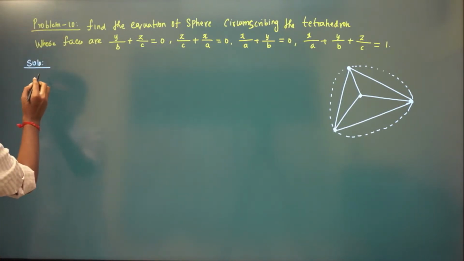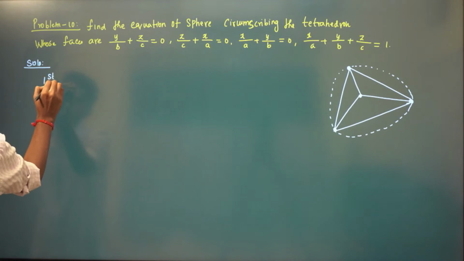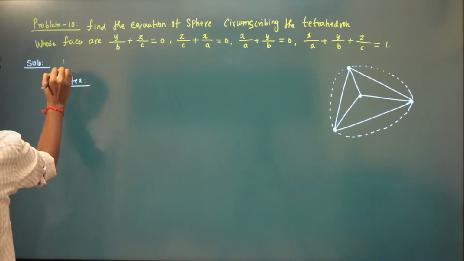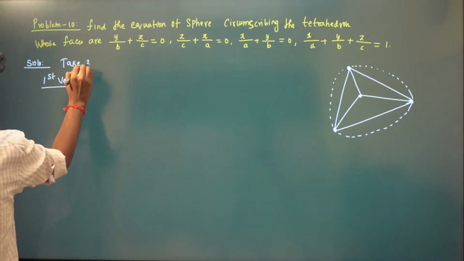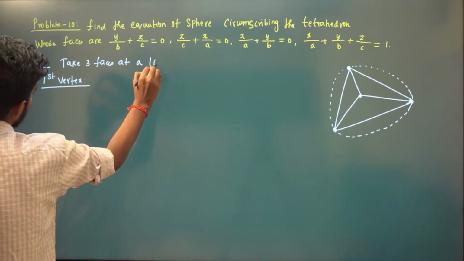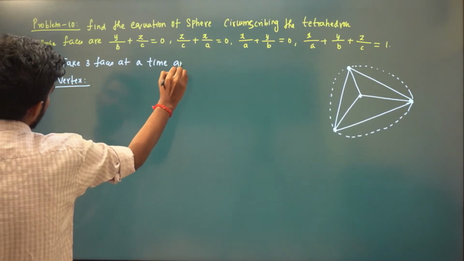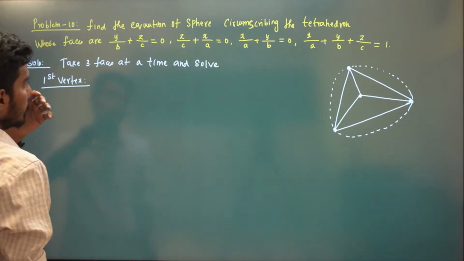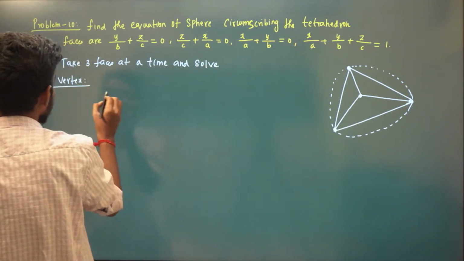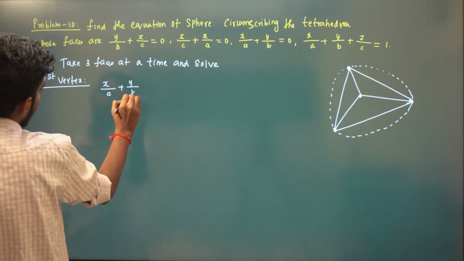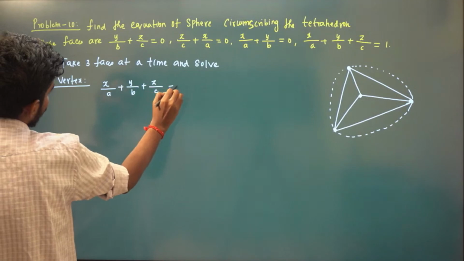To find the first vertex, take three faces at a time and solve. First I'm going to fix that face, x by a plus y by b plus z by c is equal to 1.